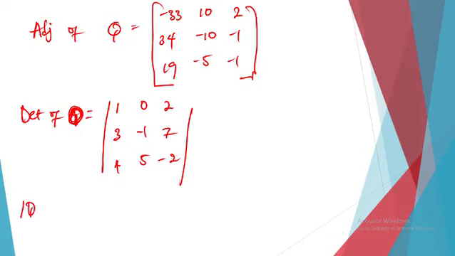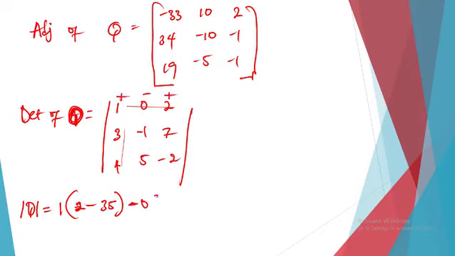We have the determinant of Q equal to 1 into, eliminate this and this, you have minus 1 times minus 2, which will give us 2. Then minus 7 times 5, which is 35. Is that correct? Then minus, because this is plus, this is minus, this is plus, remember.